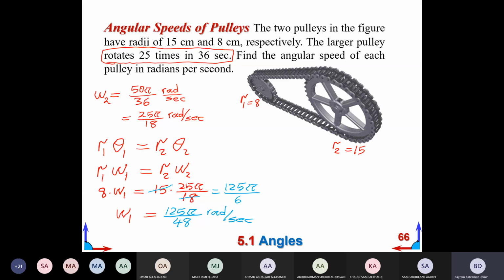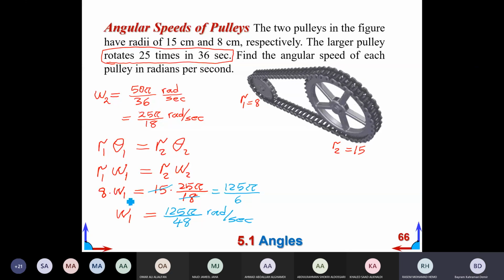Doctor, can I say, for example, 15 corresponds to 25 pi over 18 and 8 corresponds to x, then do the scissor method?